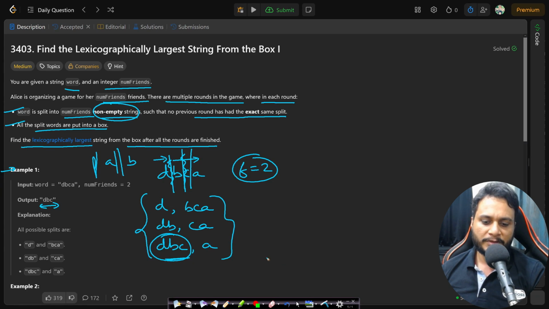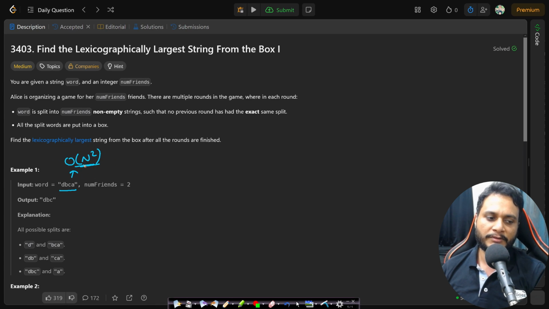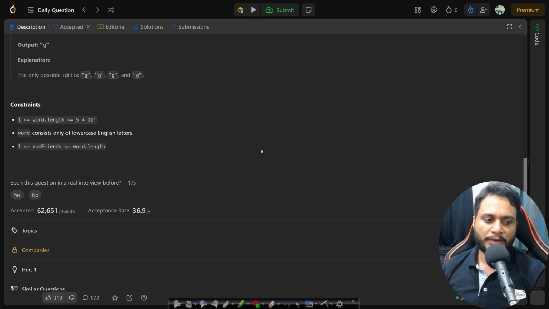To solve it with a simple approach, you can generate all possible slicings in order of n square time, and from there select the one which is lexicographically largest and print it. In this case it will be DBC. Is this approach going to work?